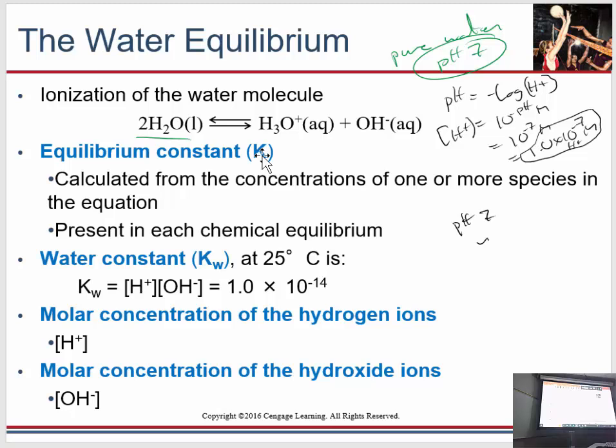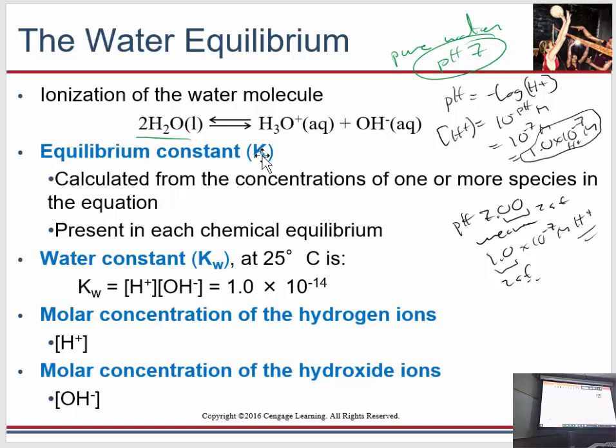Actually, let me do it to the correct number of sig figs. pH 7.00 is 2 sig figs in the power function, so it is 1.0 times 10 to the minus 7 molar H plus. This is 2 sig figs here.